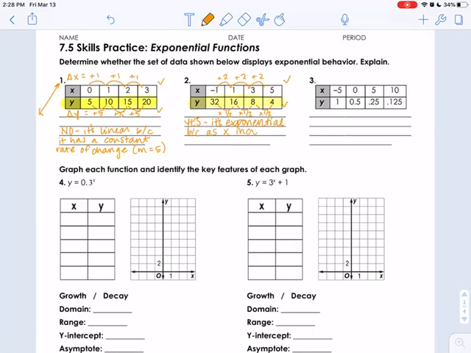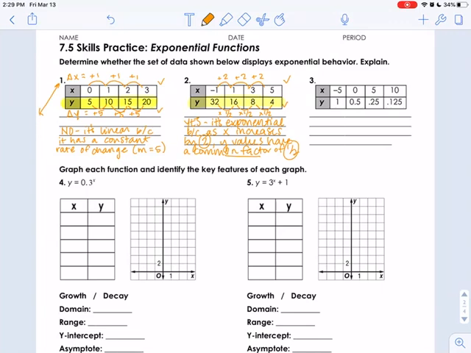Because as x increases by 2, and that's a constant rate, the y values have a common factor of 1/2. Okay, so the x values are increasing by 2, and the y values have a common factor, meaning we're multiplying them by 1/2.